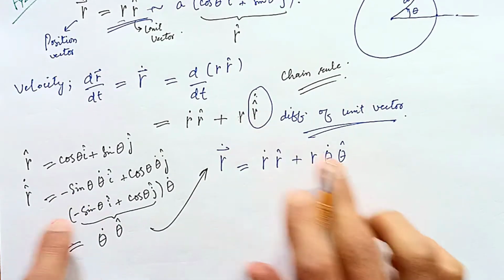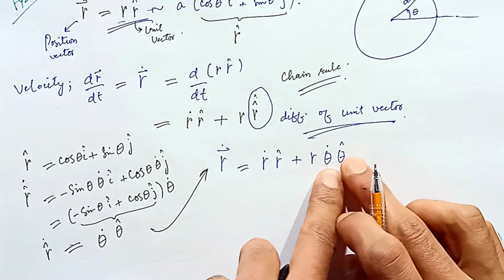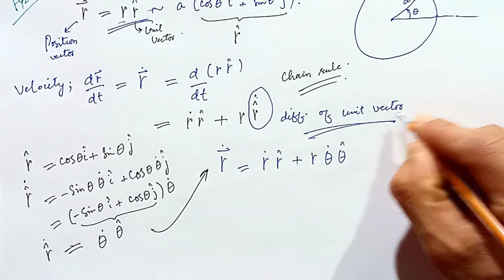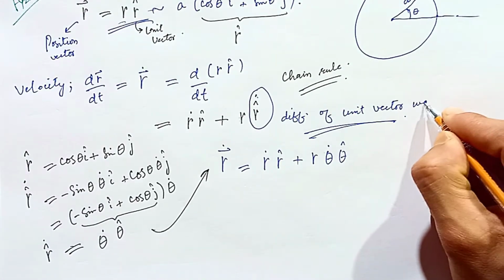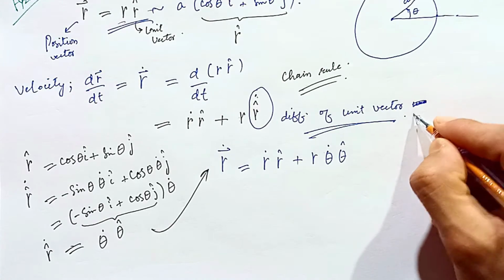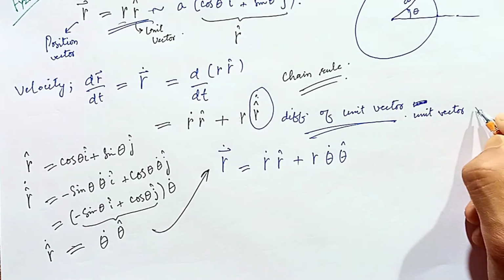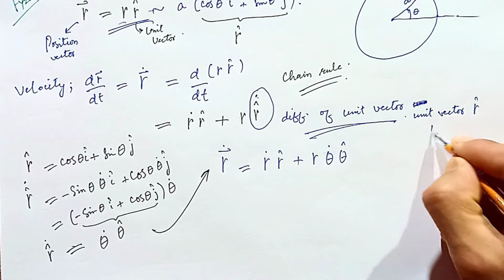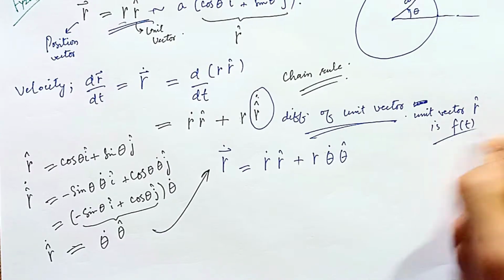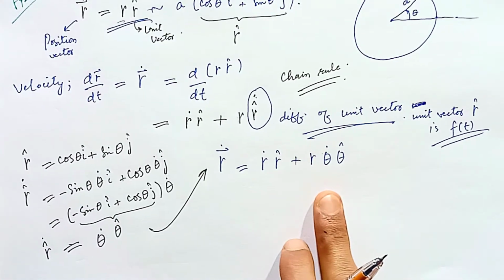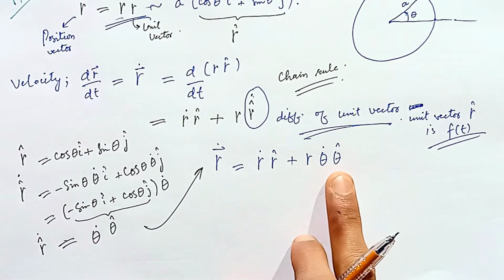Here the unit vector r hat is a function of time, so that's why I converted it into another form where the unit vector is not a function of time.